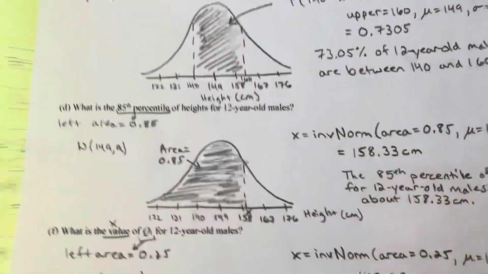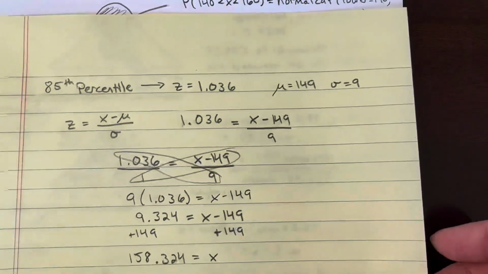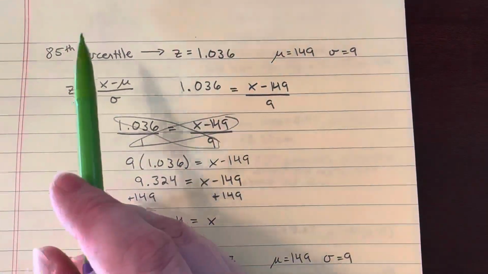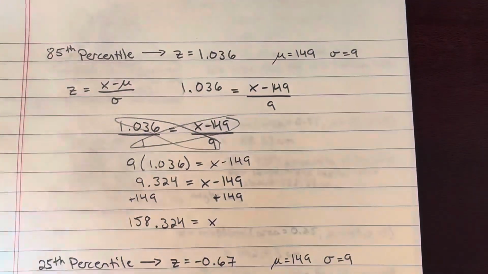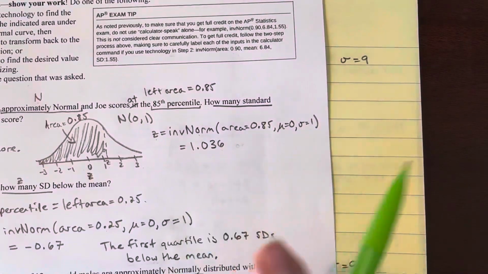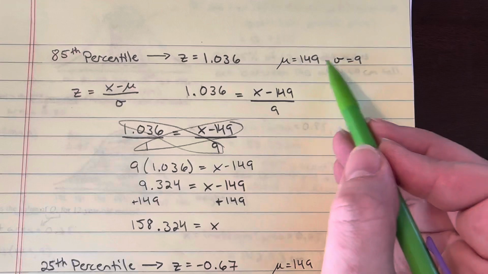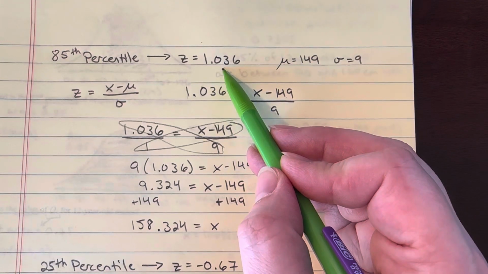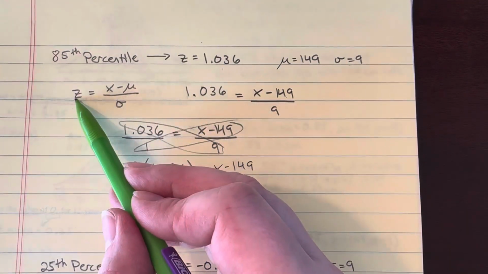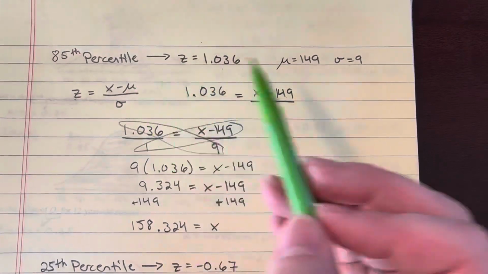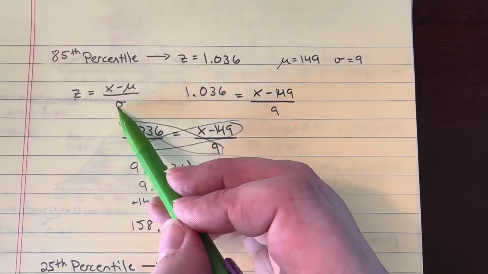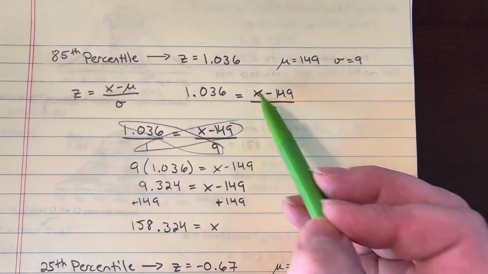Now, you could also do this with a standard normal distribution. If we use the z-score that we had found previously, we already know the mean and standard deviation, and we knew the z-score from a previous problem. We could enter that z-score into z, the mean into mu, the standard deviation into sigma, and solve for x.